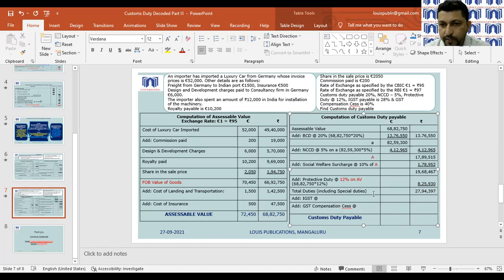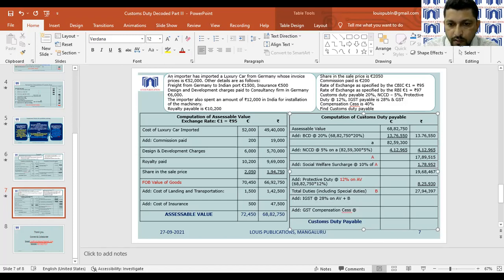Next, we have IGST payable at 28%. So for IGST, you add 28% on assessable value plus B. You can name this value as B. So assessable value plus B: 68,82,750 plus B value 27,94,397 into 28%.